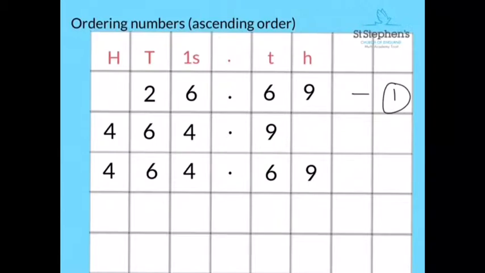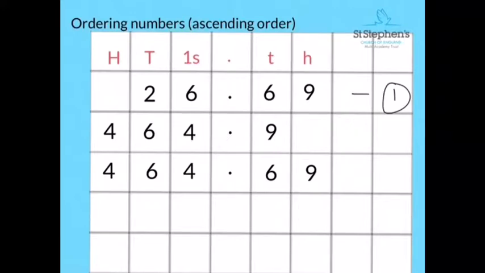Again, as previously, we're now going to look at the place value column that is highest in value to help us order, which is the hundreds column. Now, in the hundreds column, we've got a 4 in 464, and the other number is also 464, so that's also a 4 in the hundreds column, which means that in the tens column they both have the same digit, and in the ones column they also have the same digit, because both numbers are 464.